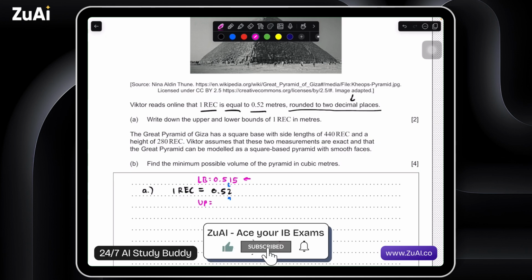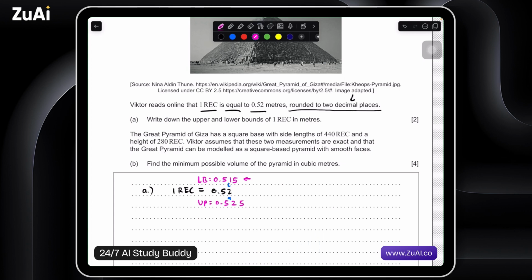The upper bound, let's work this out with a similar kind of logic, so 0.52, and what could this be? If it's 4, for example, we're rounding down. If it's 5, you might say, okay, well if it's 5 we're rounding up, but let's extend this logic. If it's 4, we're rounding down. If it's 0.49, we're still rounding down. And we can extend these 9s on into infinity.